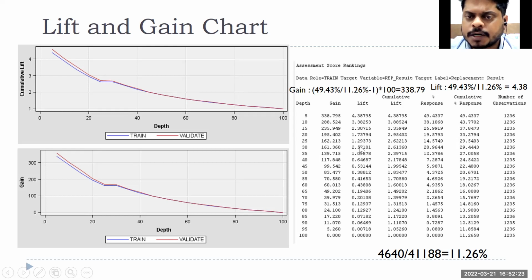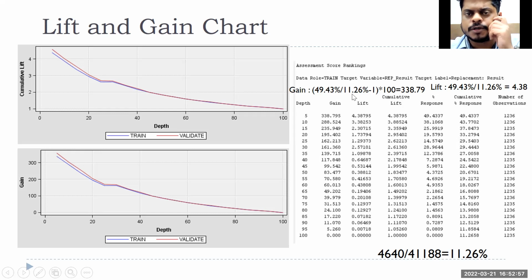So in this particular case, what happens? Just think about this 30%. If I take this 30% of my customers, what is my cumulative response rate? 29.443, right? 29.443 divided by 11.26.